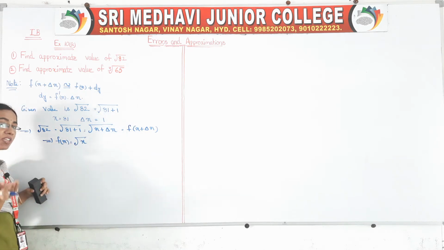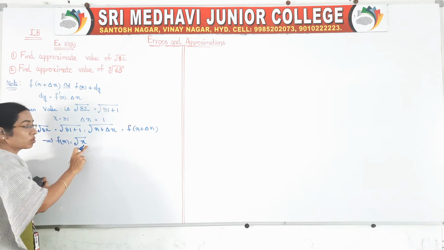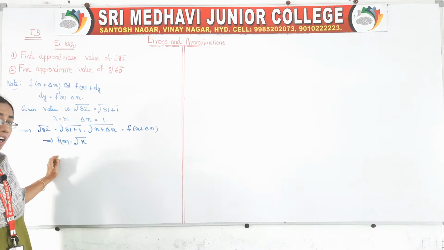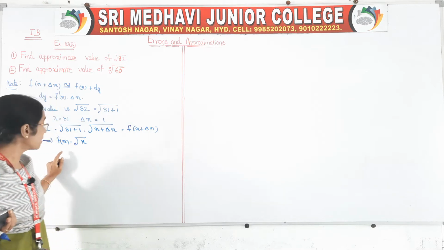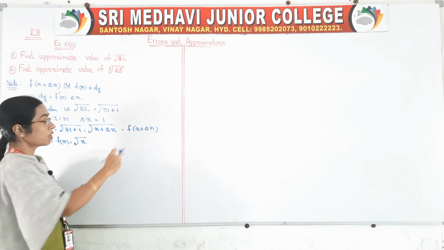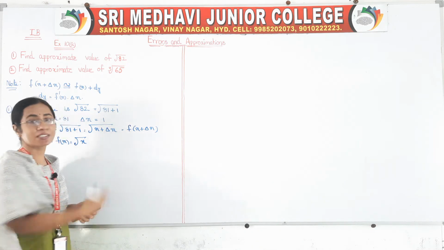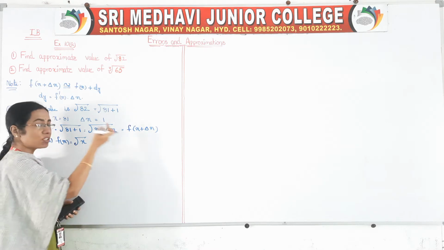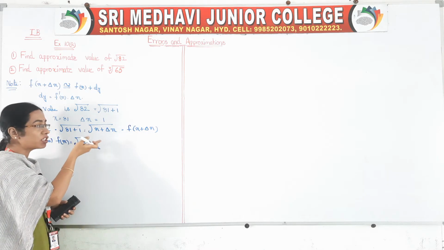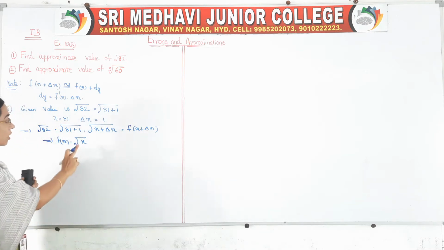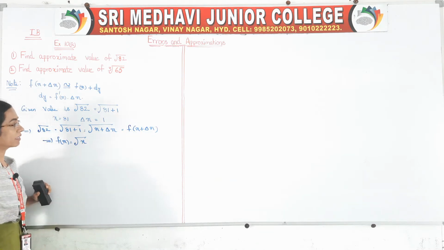What I said in the previous question: if f of x is equal to root x, and we want f of x plus delta x, in the x place we will take x plus delta x. So here first we got f of x plus delta x as root of x plus delta x, and f of x means only root x.